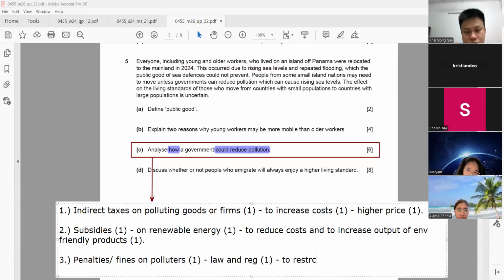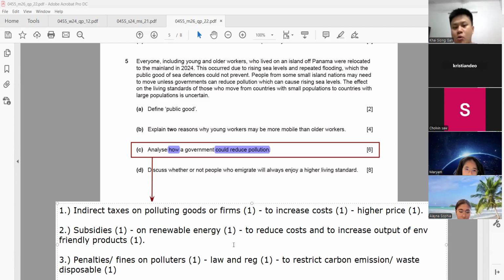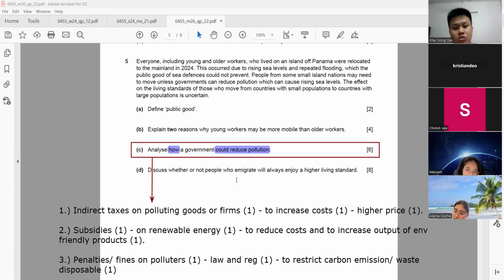Elaborate a bit, to restrict the carbon emission, or for example, to reduce the waste disposal also can. You cannot allow the firms to simply pour the chemical waste or any waste disposal into the river. Okay, so these are the three answers. Very easily, you get full marks already. So one is enough already. You can move on to the next question because you have sufficient points already.